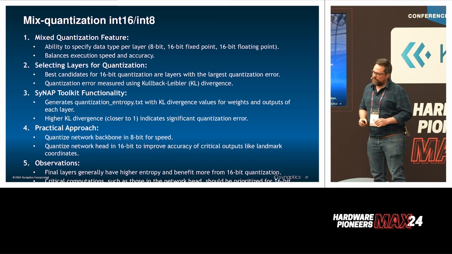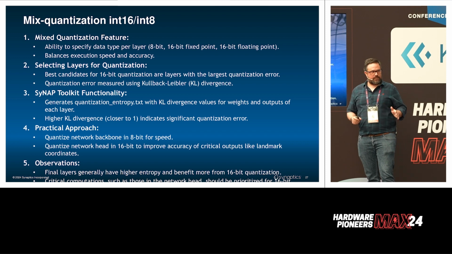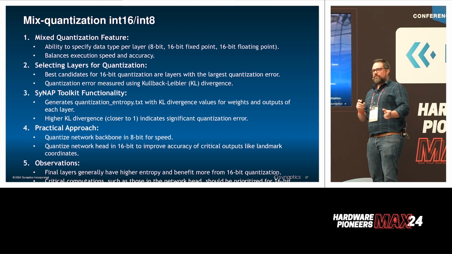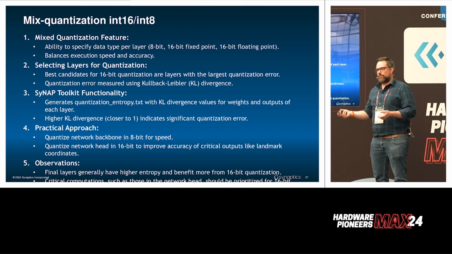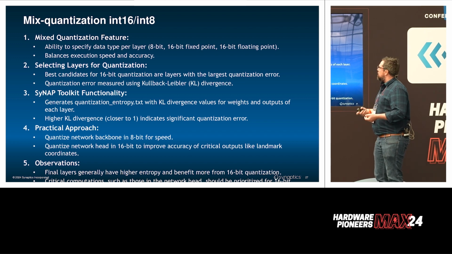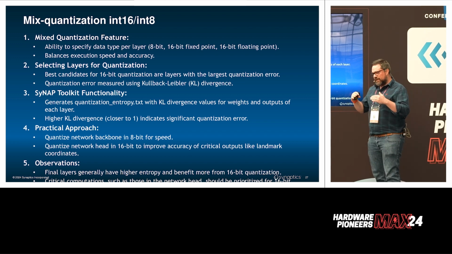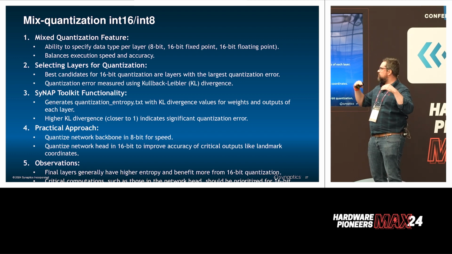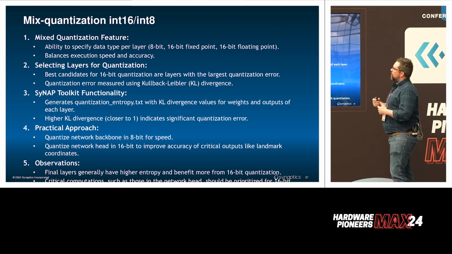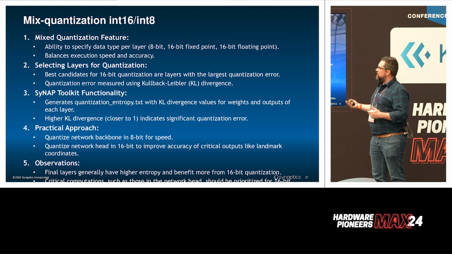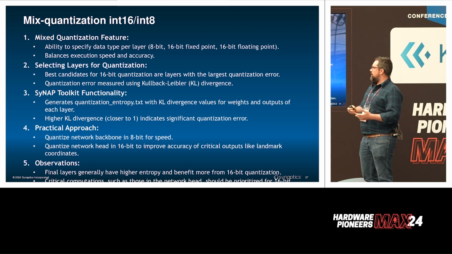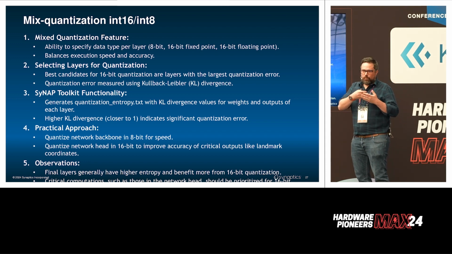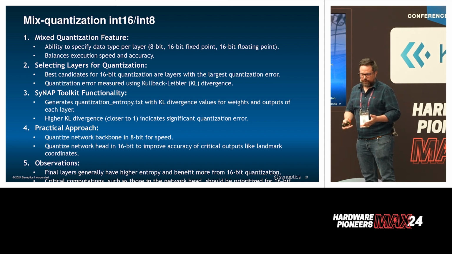This is where we come in with mixed quantization. We have the possibility to do some layers in int8 and some layers in int16. This is really where you need to find the balance between precision and speed. What we need to do is select the best layers for 16-bit quantization, the ones where we see the most quantization error.